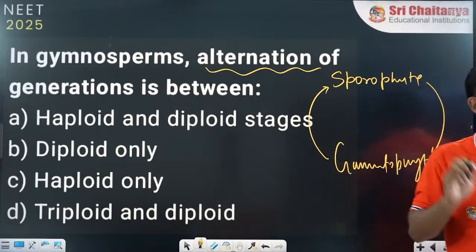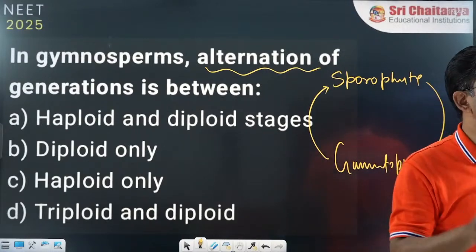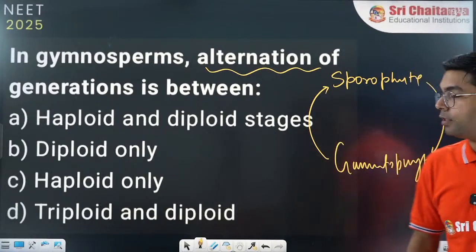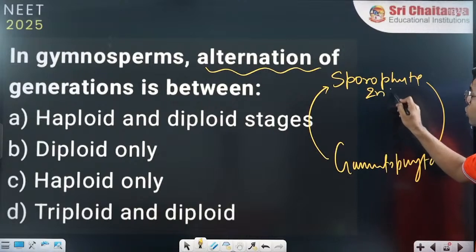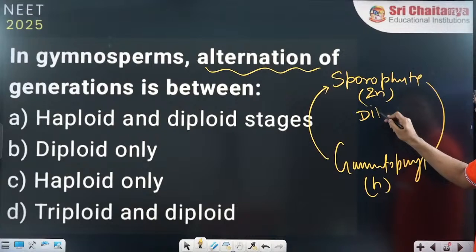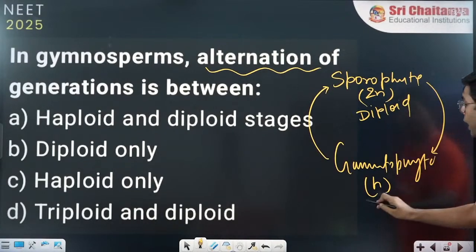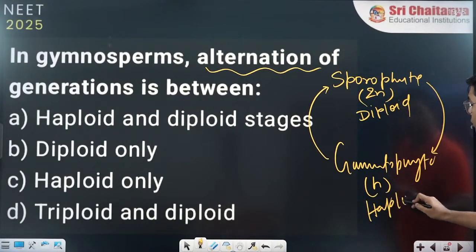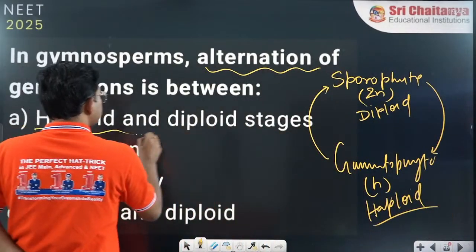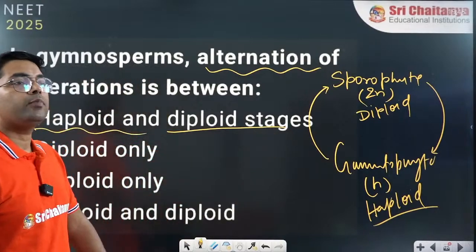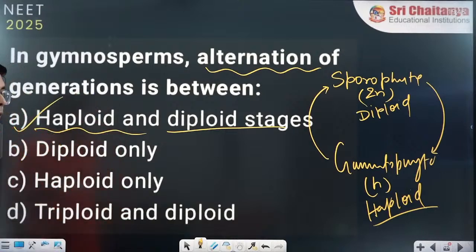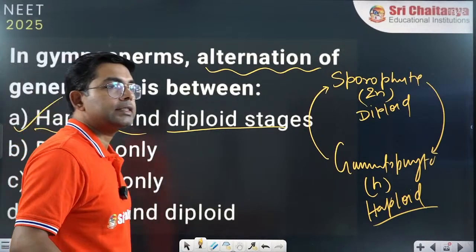In alternation of generation, both sporophyte and gametophyte take part, and sporophyte is 2n, gametophyte is n. So can we call it between diploid and haploid? So the alternation of generation takes place between haploid and diploid stages. Very good, answer is A.